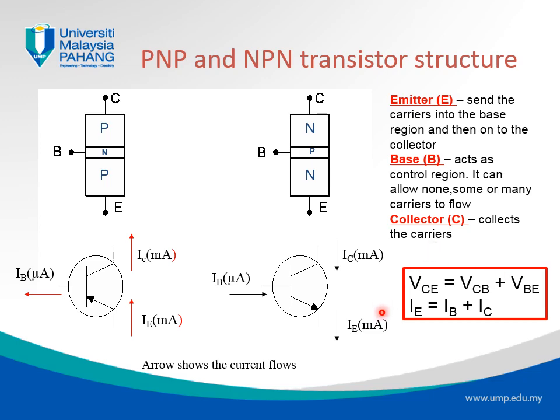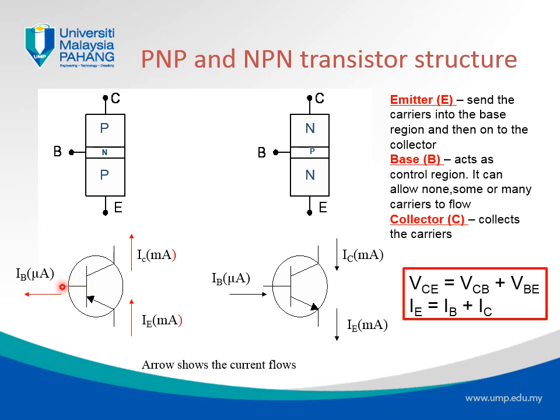The other equation that we would like to look at is the equation of current. As we explained in the previous slide, when the base region is supplied with a voltage superior to the bias voltage, in a PNP junction the current flows from the emitter and gets into the junction.